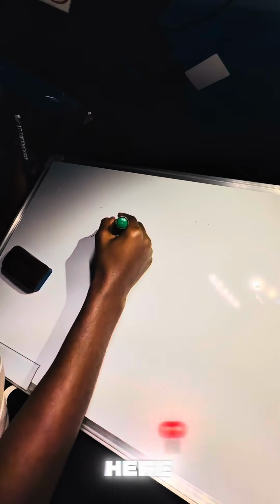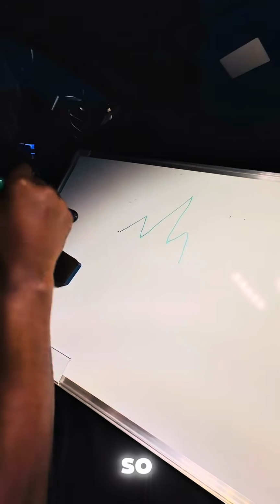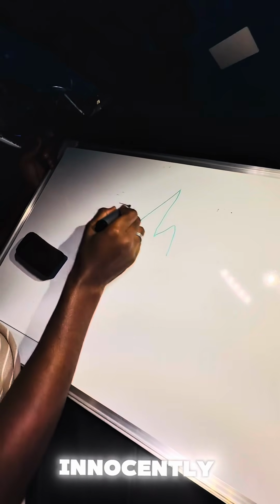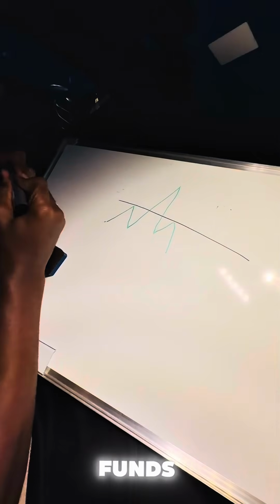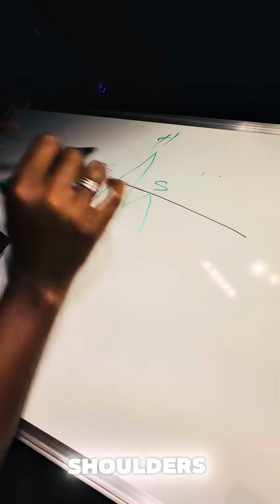Okay, so let's see what we've got here. So we have something like this. Most traders get into a sell position innocently and they lose their funds. So this is how to counter that situation. You have the head and shoulder. What I do is connect my shoulders with a line.